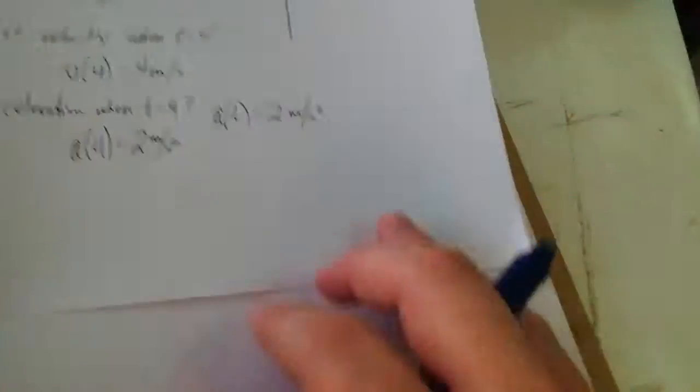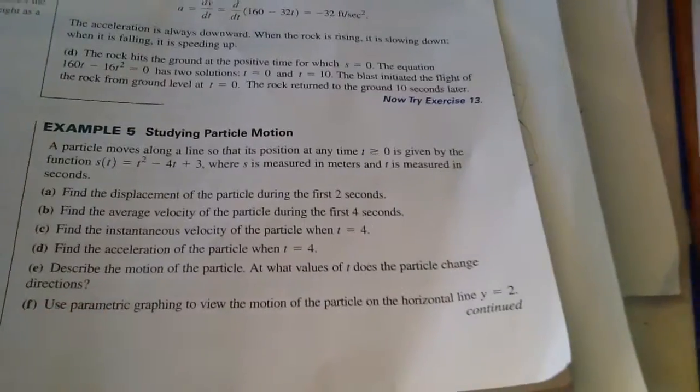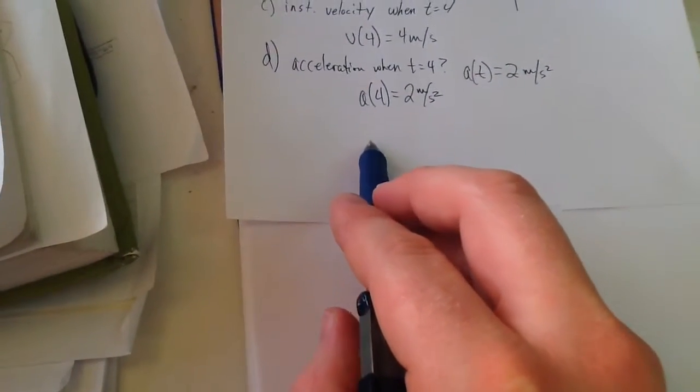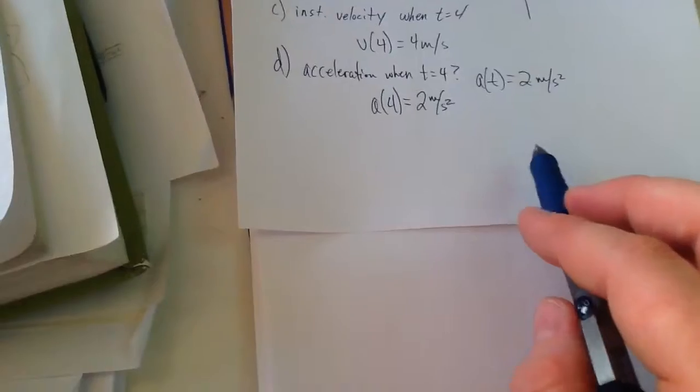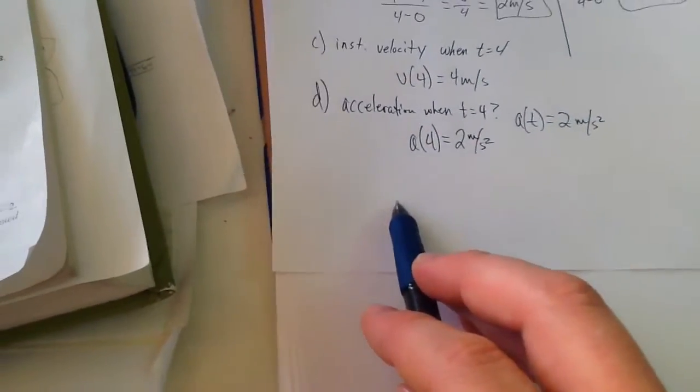It's going to change directions when velocity equals 0, right? So it's going to start off moving to the left and have a negative velocity. It's going to stop, and then it's going to start moving to the right, and that's going to be the only direction change.